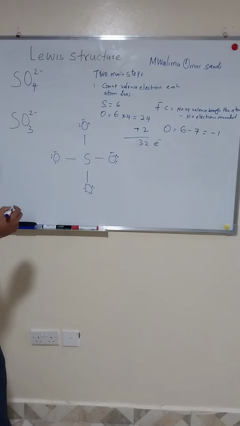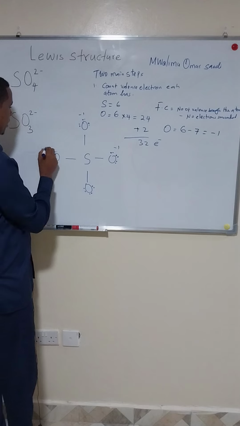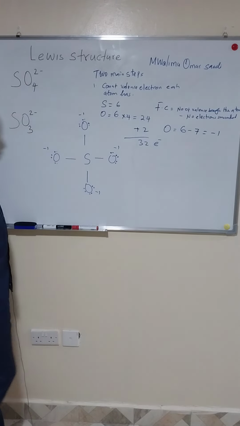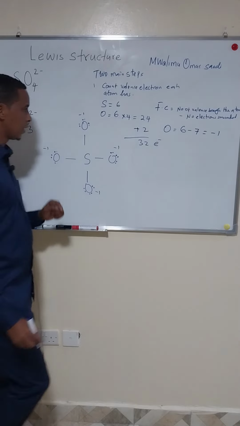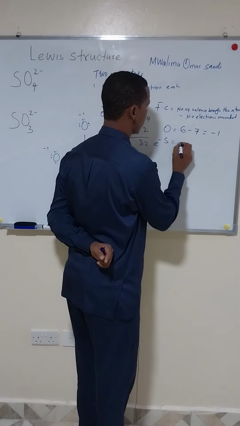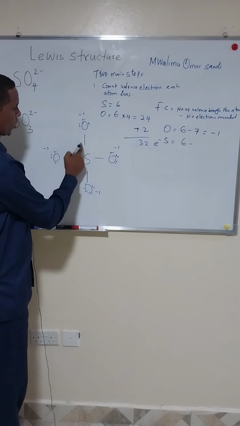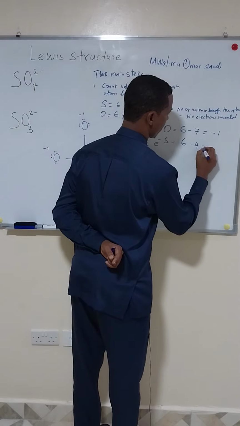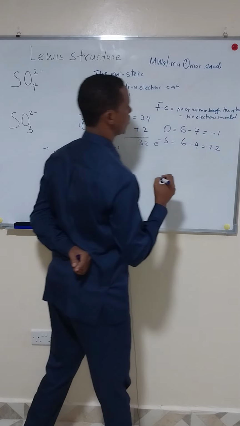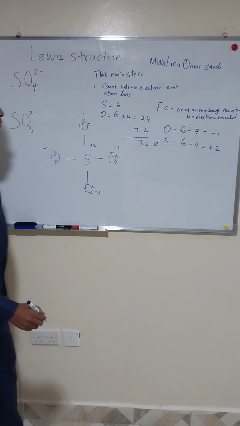So the formal charge of each oxygen here is -1. Then sulfur brought 6 electrons minus, how many electrons are surrounded? 1, 2, 3, 4. Minus 4. You count half each, so that is 2, so sulfur has a formal charge of +2.